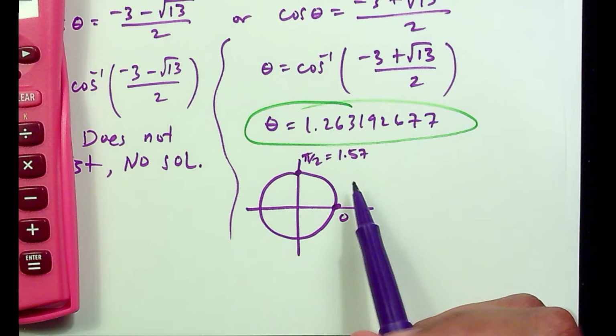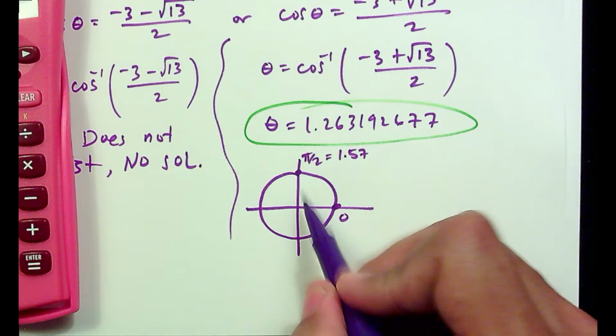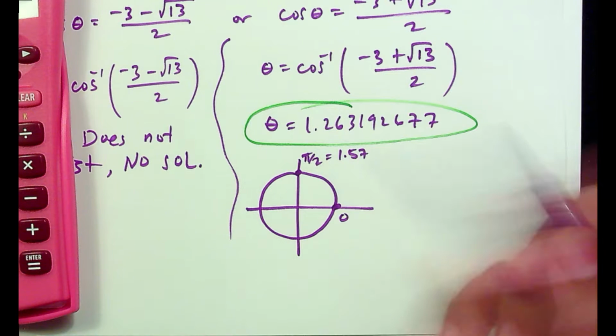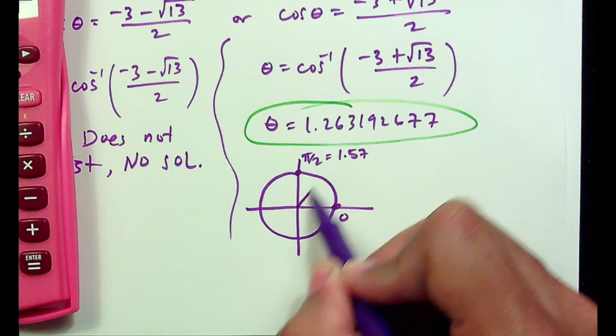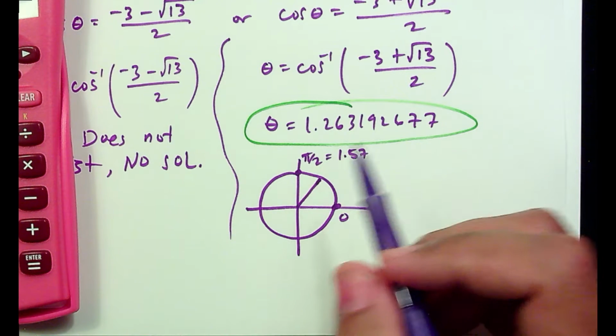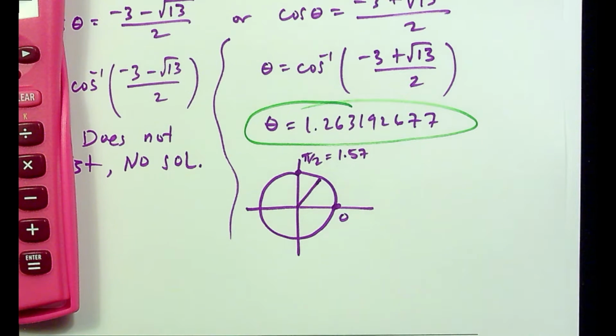So it is between 0 and 1.57. So it happens just by coincidence to be again in the first quadrant. It doesn't always have to be in the first quadrant. That just happens to be the case. But you always have to figure out what quadrant it is. So that's the first solution.